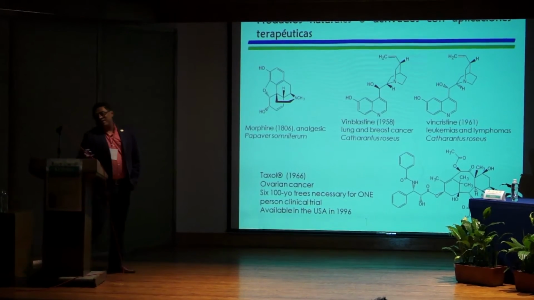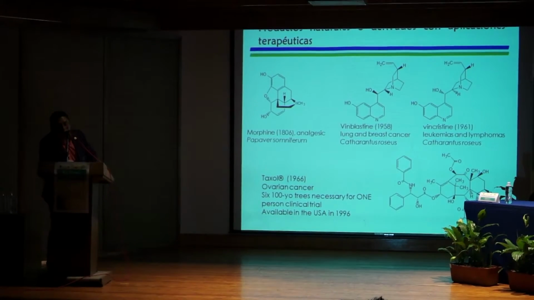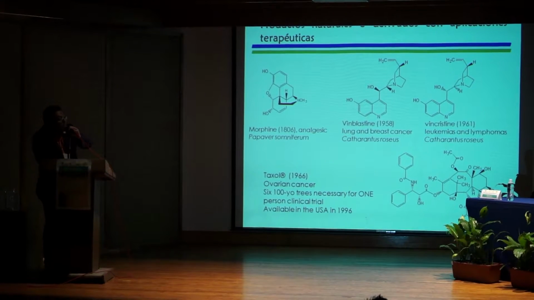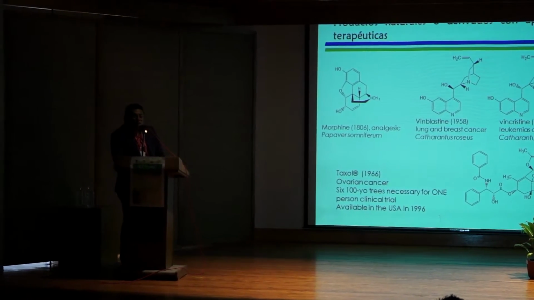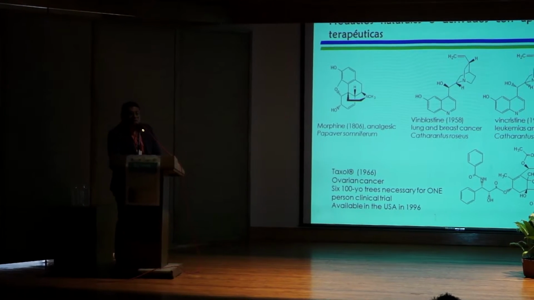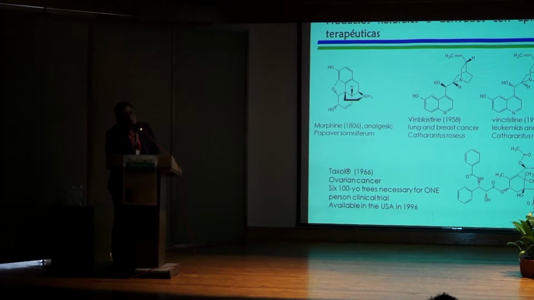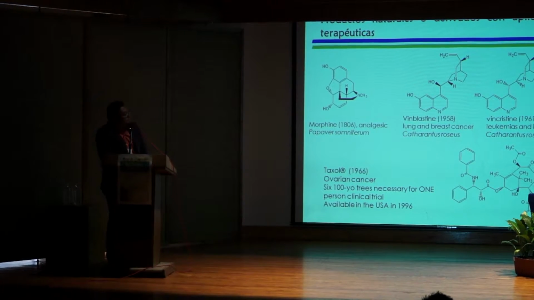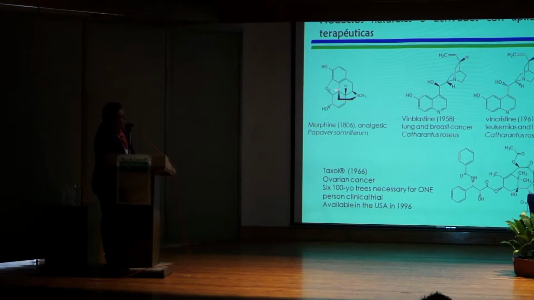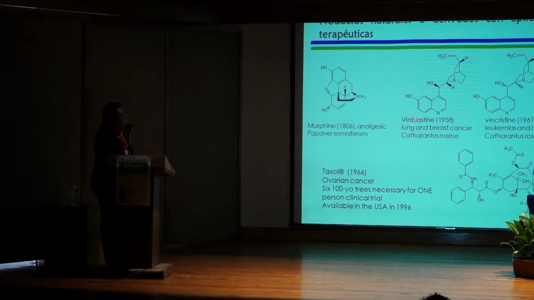Well, first, I would like to start by saying that we all know that plants, medicinal plants, have been very important in the development of new drugs, especially with pharmaceutical application. And among them, we can talk about morphine, vinblastine, vincristine, and taxol.